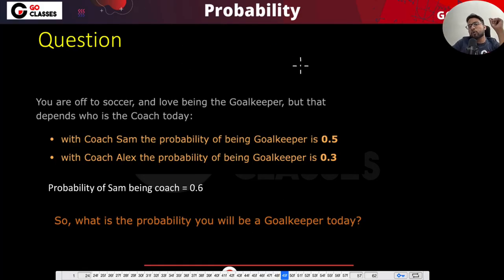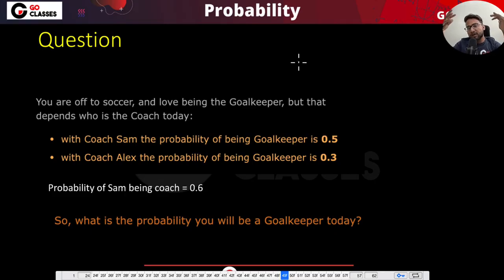See, here there are two events. One is that you are going to be goalkeeper, and another one is who is going to be coach. Now, just think with your common sense which event is more likely to happen first. Whether you will be choosing goalkeeper first or the coach will choose you goalkeeper. I mean, first the coach will get decided, and once the coach is decided, then it will be decided whether you will be goalkeeper or not, right?